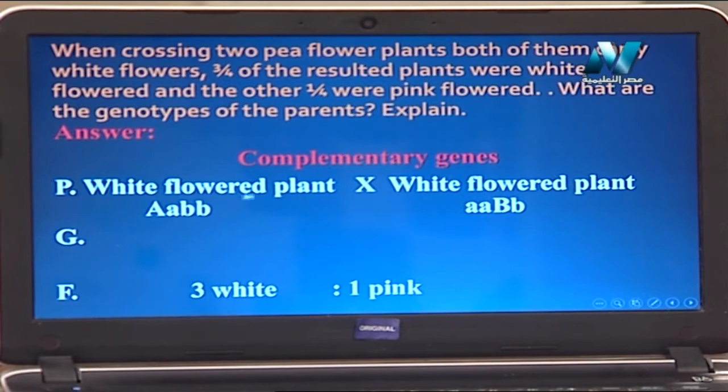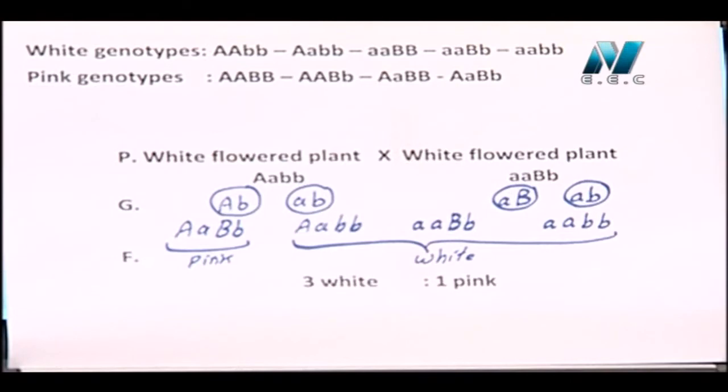So remember with me that the white genotypes will be capital A, small b, or capital A, small b, or small a, capital B, or small a, capital B, small b, or both pairs of genes are recessive, small a, small b. So these are the genotypes of the recessive character.